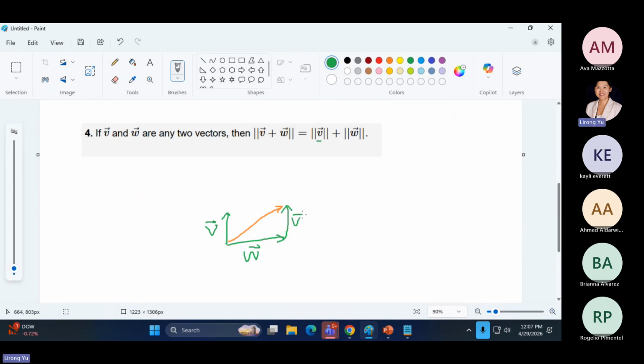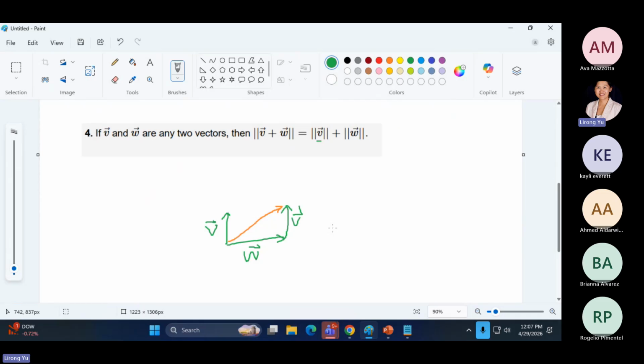What I'm drawing is actually W plus V. Are they the same? They're not. The length of W plus the length of V is actually bigger than the length of the diagonal of the parallelogram. They're not always equal.